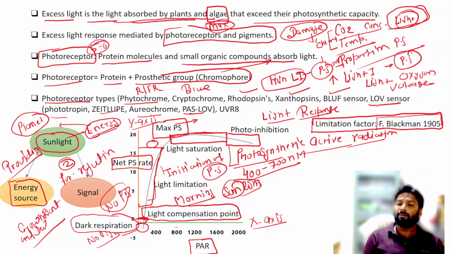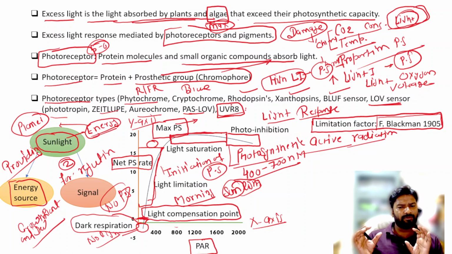So these are some LOV sensors in the plant. Then UVR8. This is also one of the light receptors that respond to the ultraviolet light. So in plants there are a number of photoreceptors which respond to different types of light and regulate the developmental process. Okay. So this is about the light.